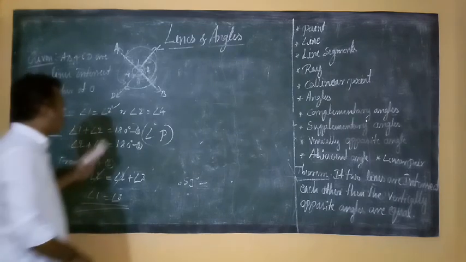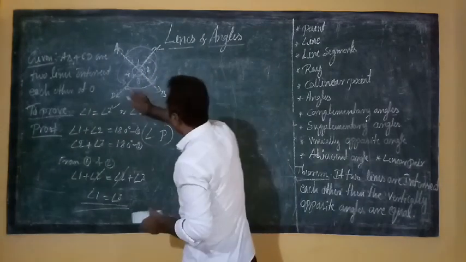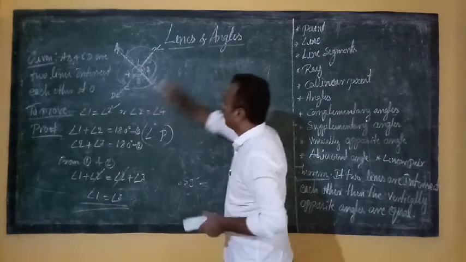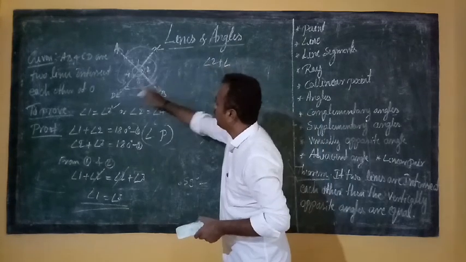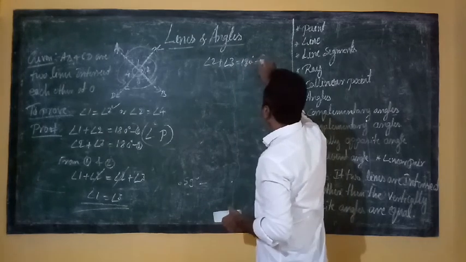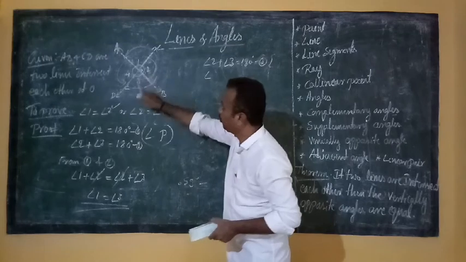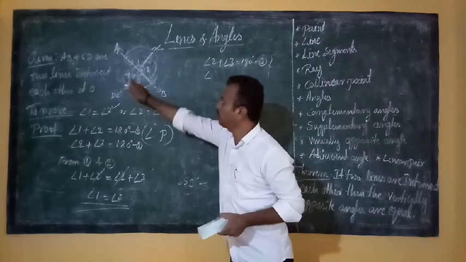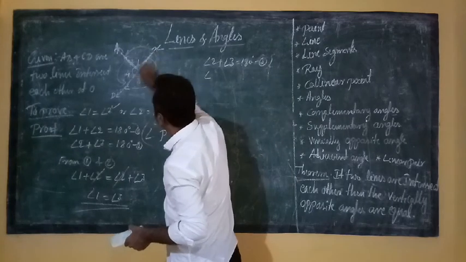Next, the second point we want to prove: angle 2 is equal to angle 4. See students, I will consider like this or like this. I will take angle 2 plus angle 3, which is 180 because of the linear pair. Equation number 3. Next, angle 3 plus angle 4 is also a linear pair, because this is one straight line and this is another straight line.